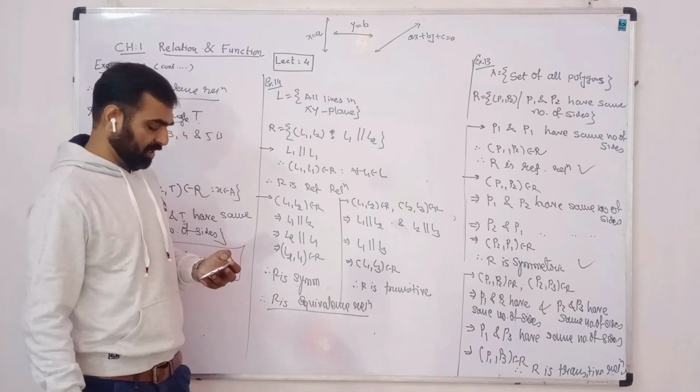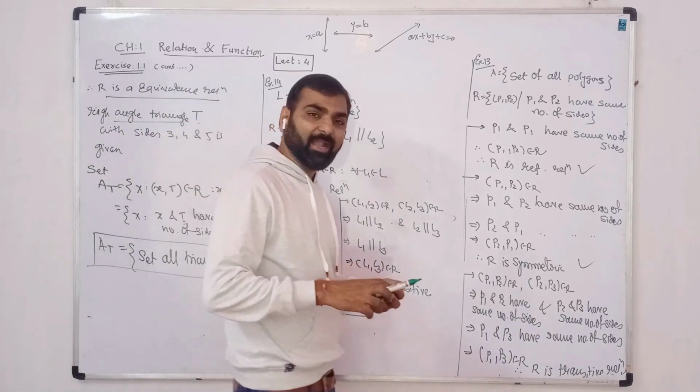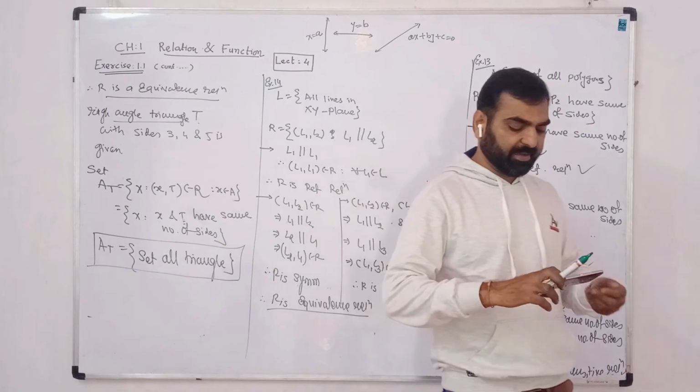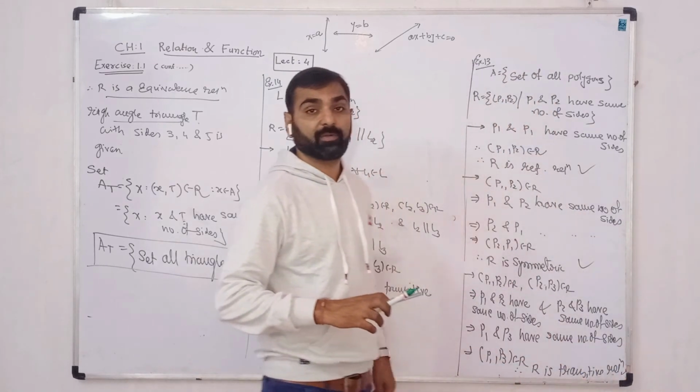Done. Now let's move ahead. Find the set of all the lines related to the line y is equal to 2x plus 4.